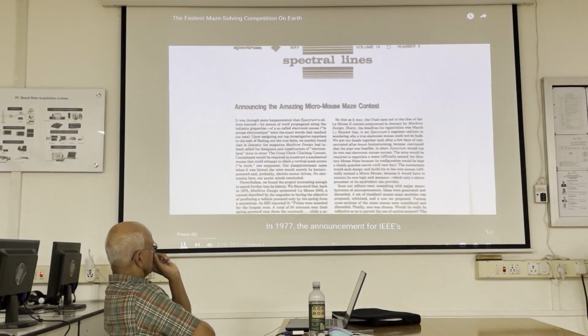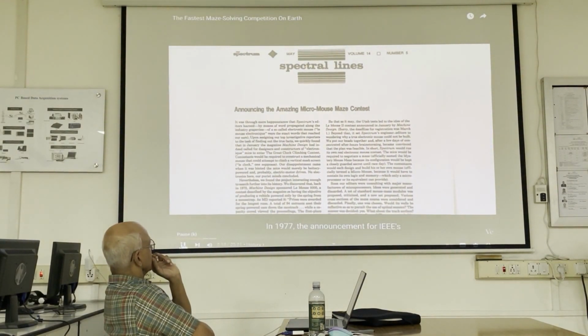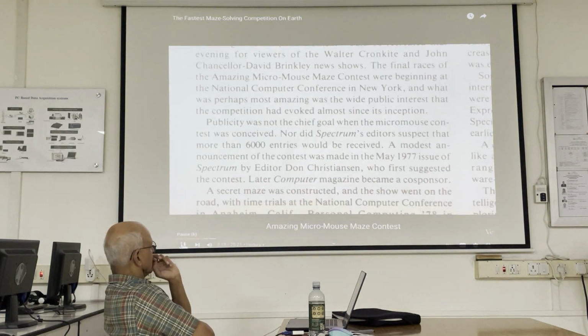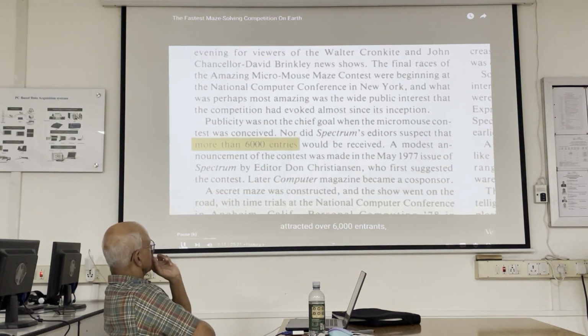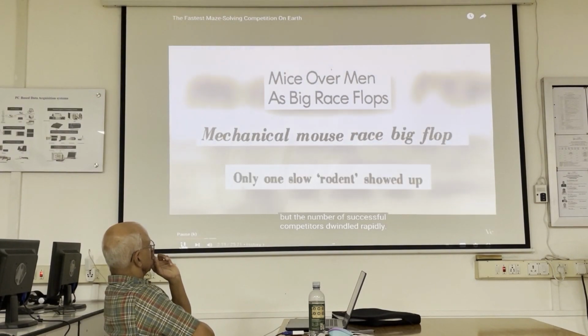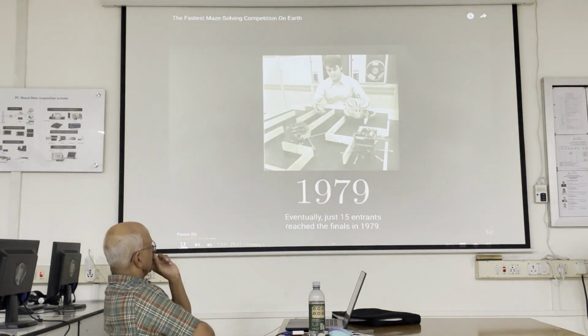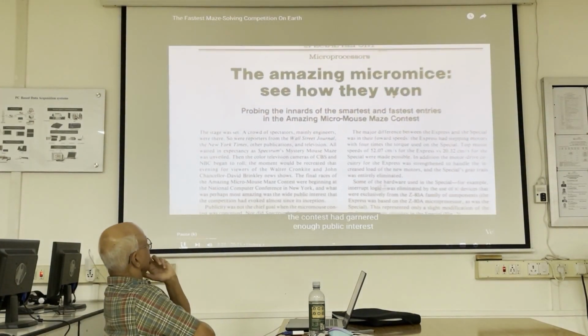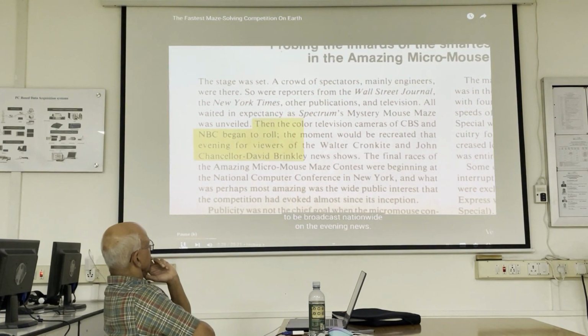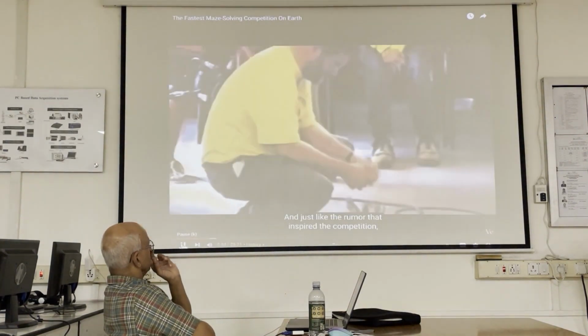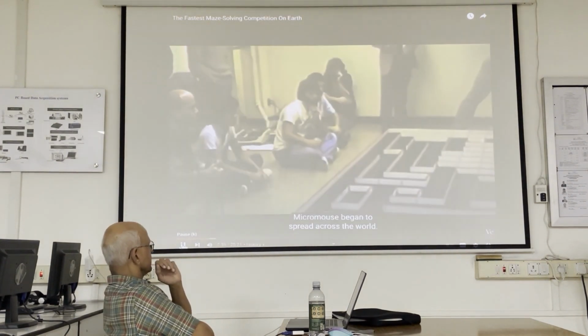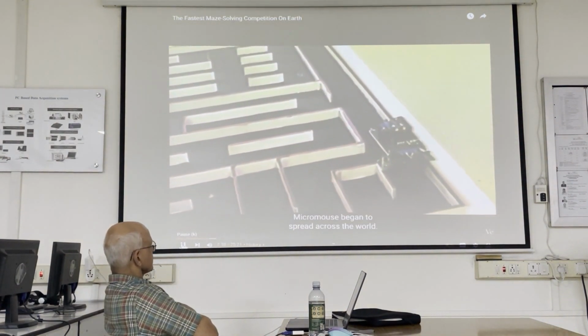In 1977, the announcement for IEEE's Amazing Micro Mouse Maze Contest attracted over 6,000 entrants. But the number of successful competitors dwindled rapidly. Eventually, just 15 entrants reached the finals in 1979. But by this point, the contest had garnered enough public interest to be broadcast nationwide on the evening news. And just like the rumor that inspired the competition, Micromouse began to spread across the world.